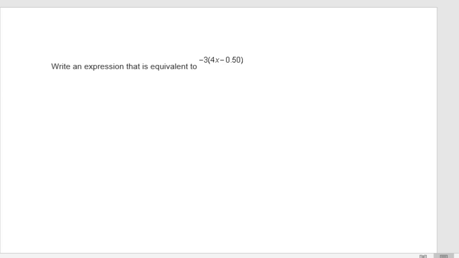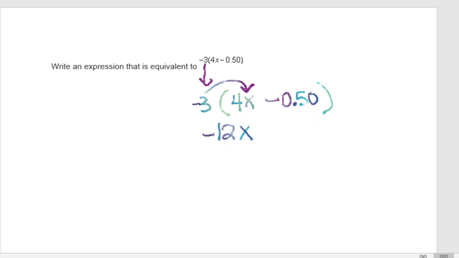-3 times 4x minus 0.50. So the -3 is being distributed, or multiplied, to each term, 4x and -0.50. So we need to multiply -3 times 4x. A negative times a positive is a negative, so -12x.